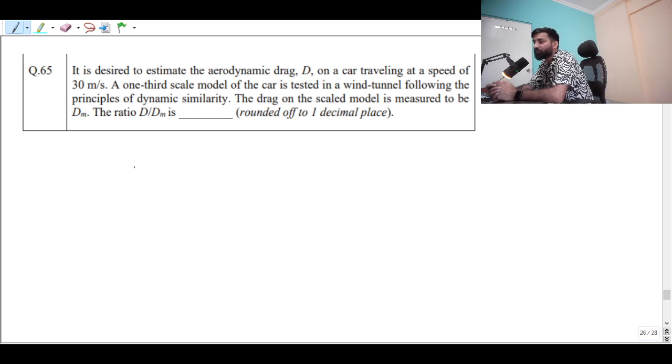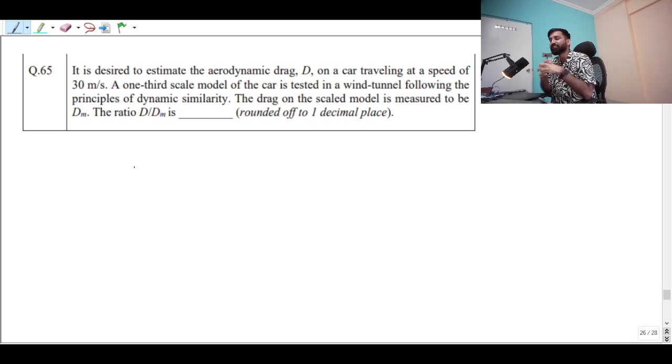But what you're going to do here is you're going to have the model of a car which is scaled by 1/3, right? So the scaling factor given is 1/3. A 1/3 scale model of the car is tested in a wind tunnel, and we have to obey, or follow, the principle of dynamic similarity. What is the meaning of following the principle of dynamic similarity? In this question you don't need any step-by-step solution.